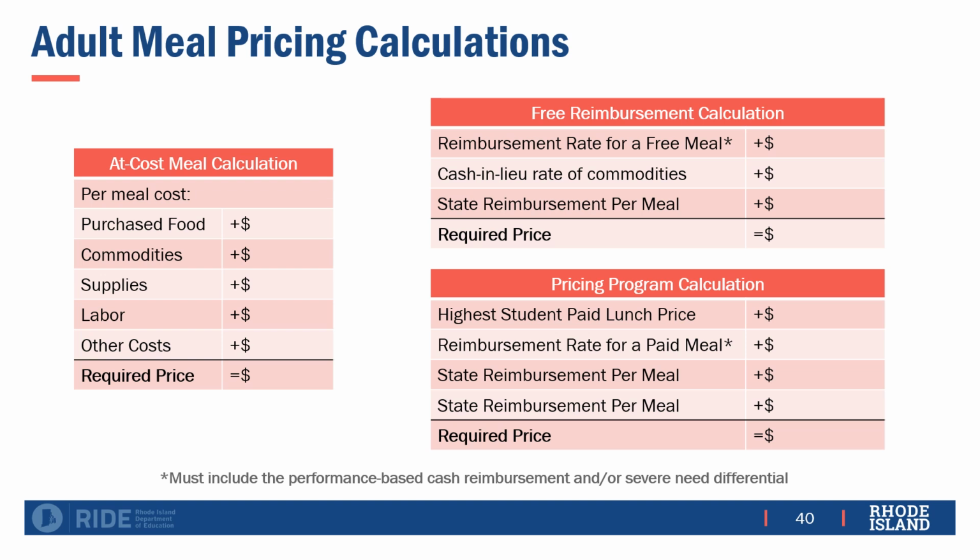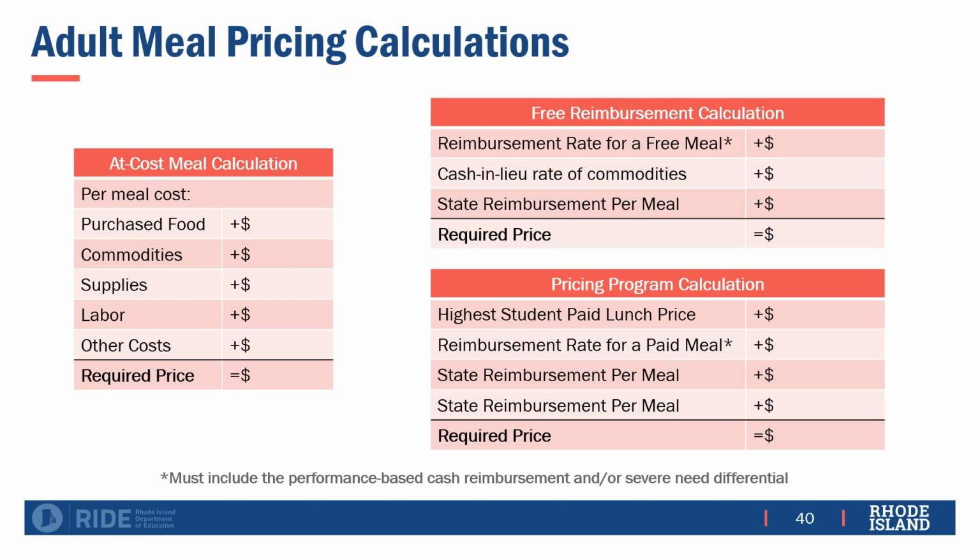This slide shows the allowable calculations for determining appropriate adult meal pricing. As mentioned in the previous slide, if cost data is readily available, the SFA should use per meal costing data to calculate the cost of adult meals.